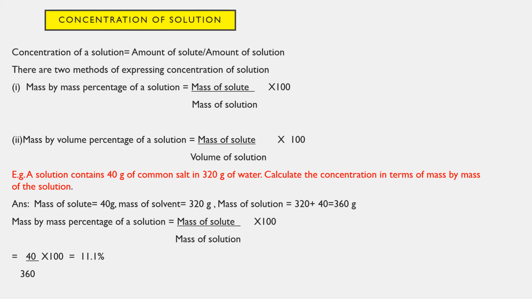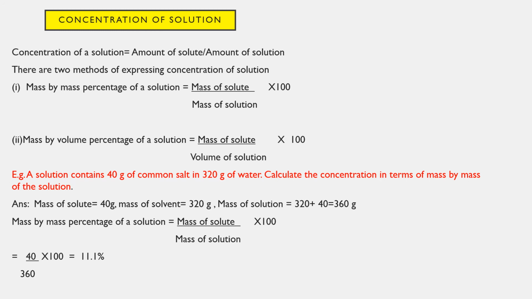Let us solve a problem which is related to this concept. A solution contains 40 grams of common salt in 320 grams of water. Calculate the concentration in terms of mass by mass of the solution. It is mass by mass of the solution, so we will apply the first formula, mass by mass percentage of a solution.